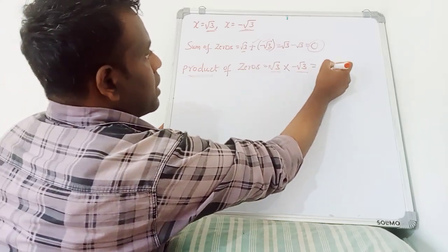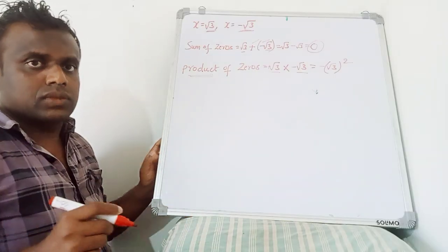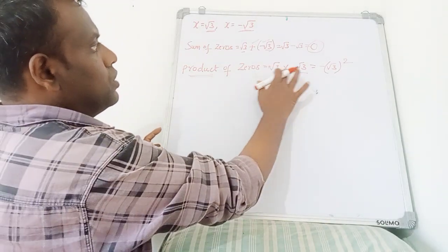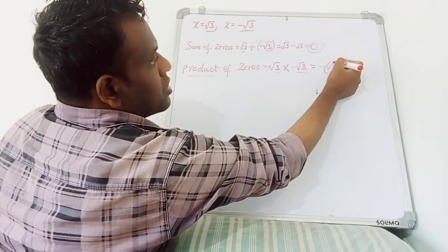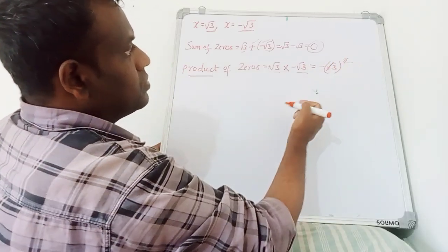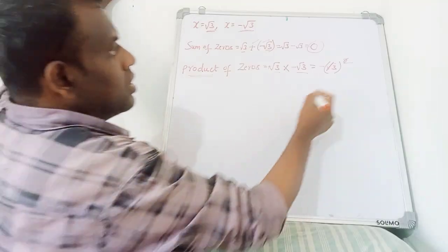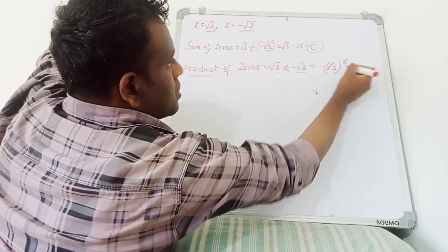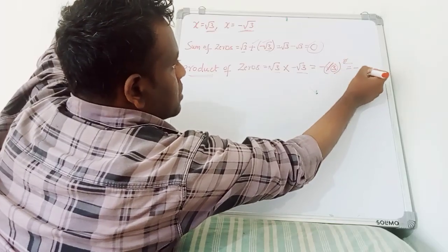Root 3 into root 3 we can write root 3 whole square. Root 3 into root 3 will become root 3 whole square. This square and this square root cancel out. So what is left? This minus. What is left? 3. Minus 3.